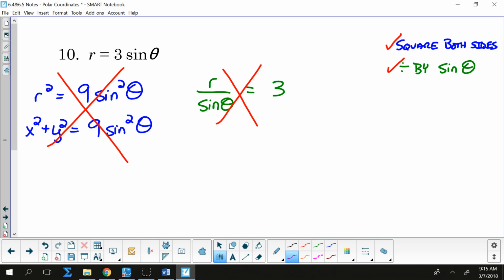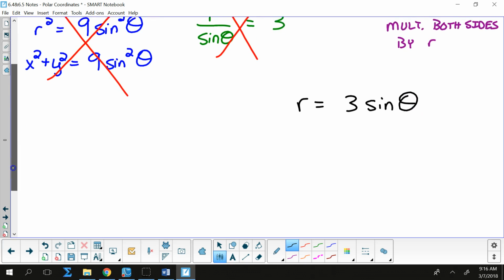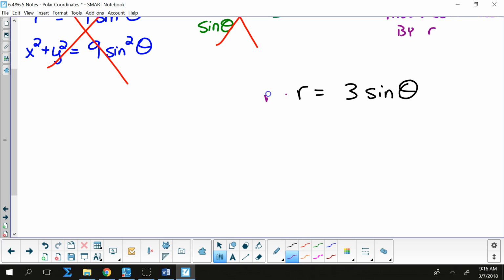But what I can do is multiply both sides by the same thing. In this case, I'm going to multiply both sides by r. If I multiply both sides of r equals 3 sine of theta by r, on the left side I get r squared.